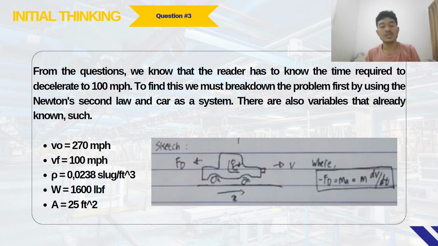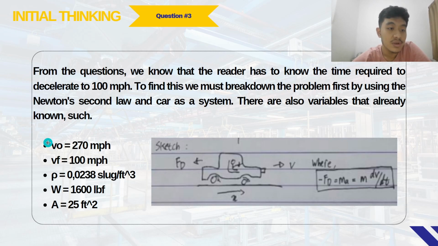Okay, on to the initial thinking part. Question number 3 is quite a simple problem. It's like question number 2, but simpler, because we only have to find the time. From the question, we can break it down. We will use Newton's second law and the car as a system. There are also variables that we already know from the question.